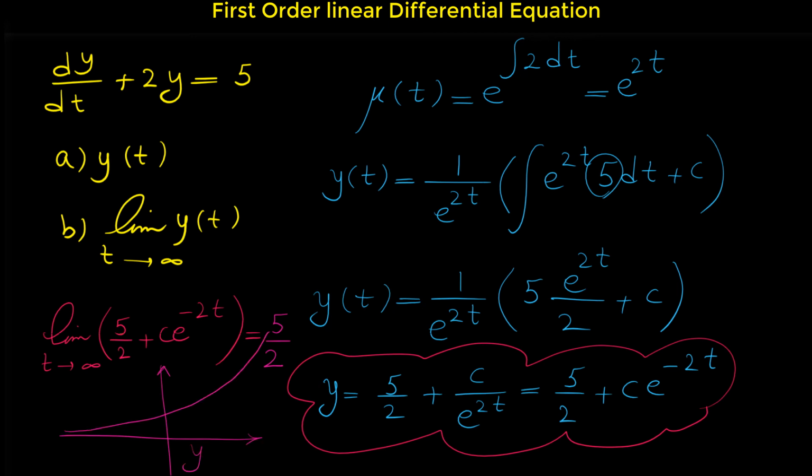As you can see in this graph, when x goes to -infinity, the y value of this function approaches 0. This distance between the curve and the x-axis gets smaller and smaller. So limit of e to the x as x goes to -infinity is 0. And here also the power goes to -infinity. So the limit of this part is 0. And so the limit is only equal to 5/2.